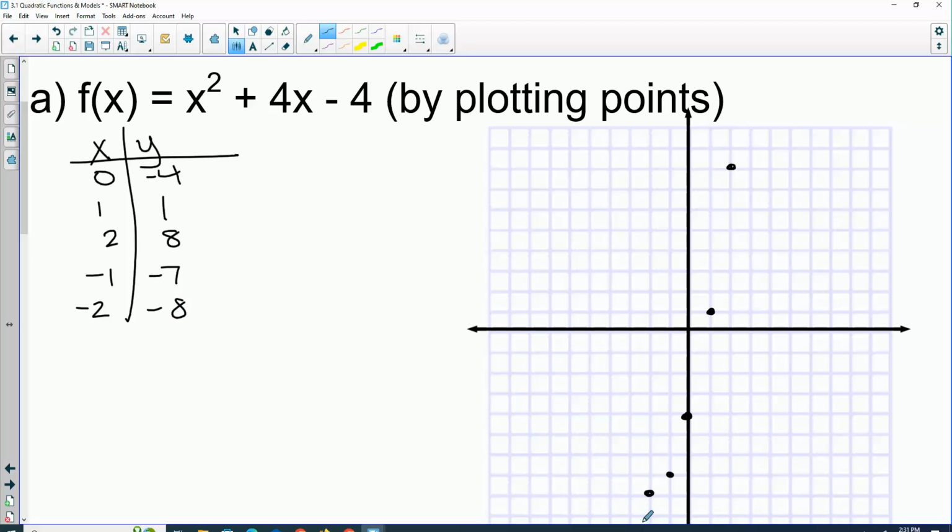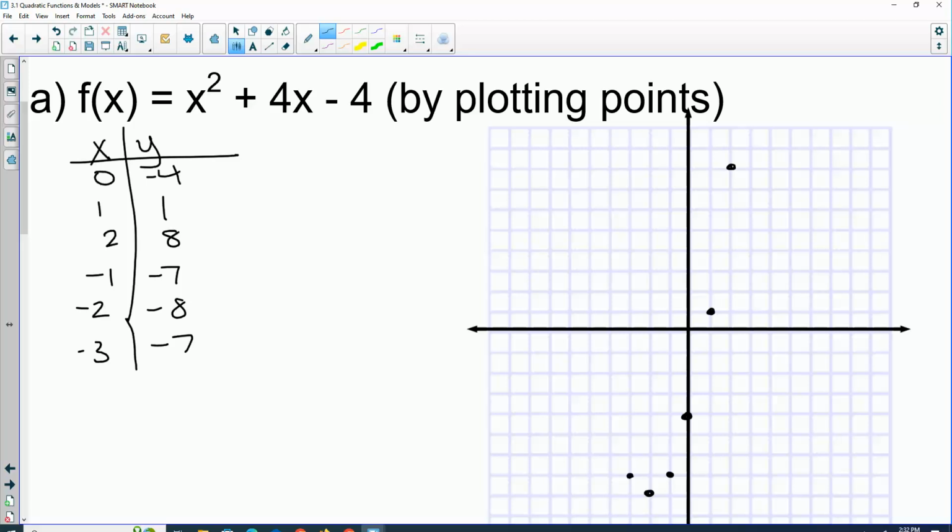I still don't have a clear parabola. If I put in negative 3, I get 9 minus 12 minus 4, which is negative 7. Do I finally have it? Yeah. Why did I have to keep putting in those points? I need to find that vertex, that point where my graph bounces and starts going the other way.